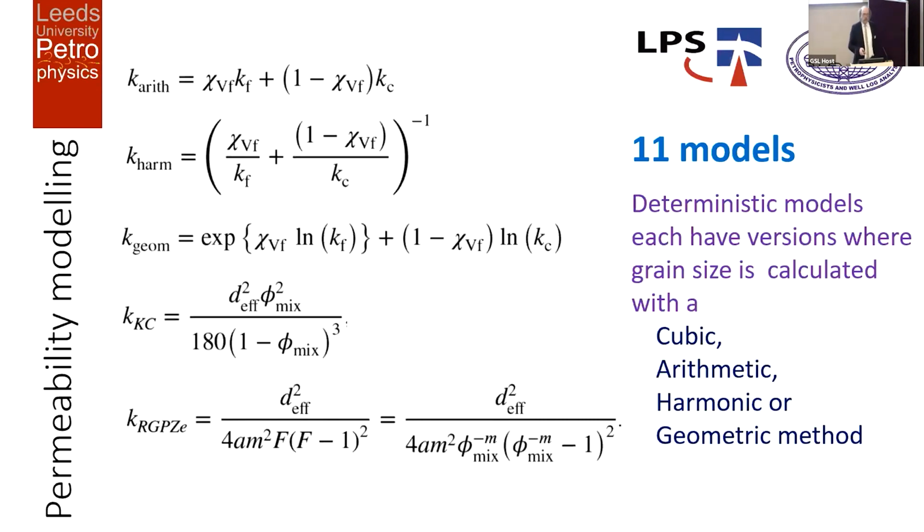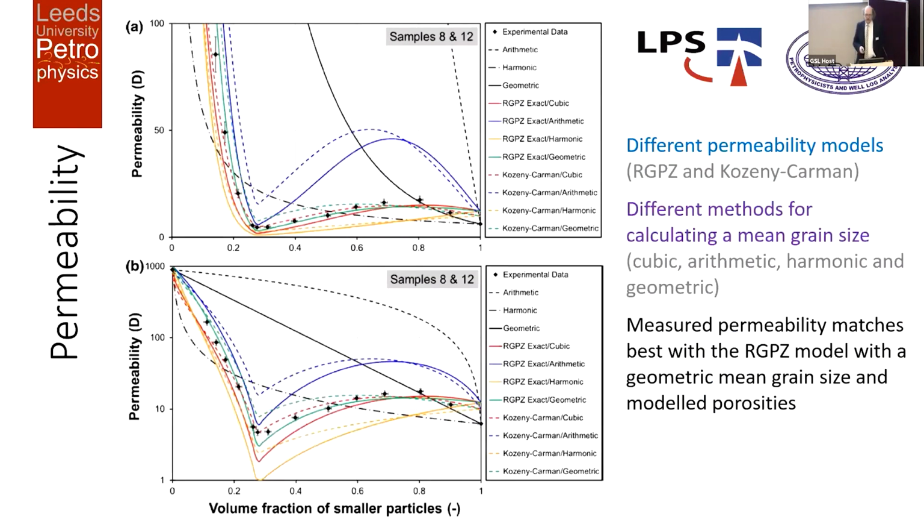So if I put those on a graph together with the experimental data and using the porosities from the porosity model that we have, then we get this graph here. This graph here, the top and the bottom, is the same data, except that in the top one we have it on a linear scale, and in the bottom one I've turned it into a log scale, if you prefer to look at it that way.